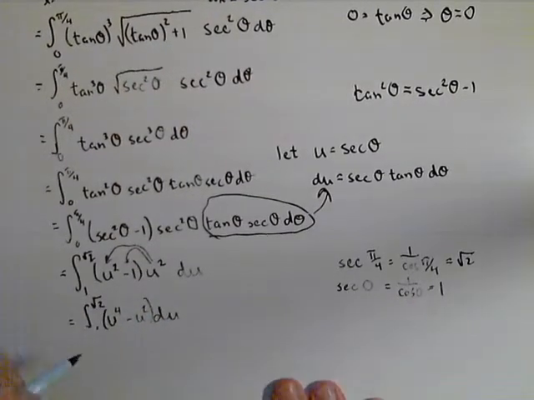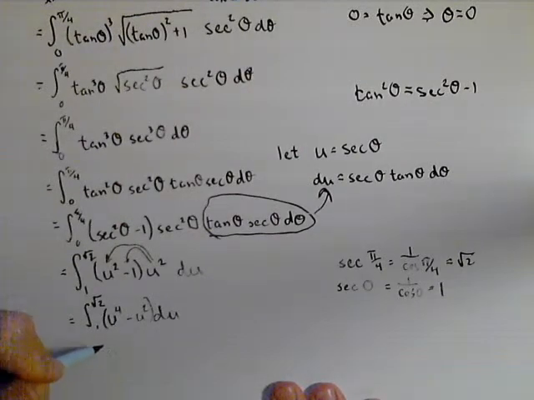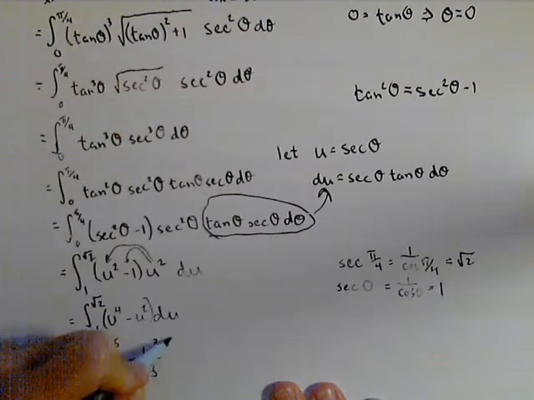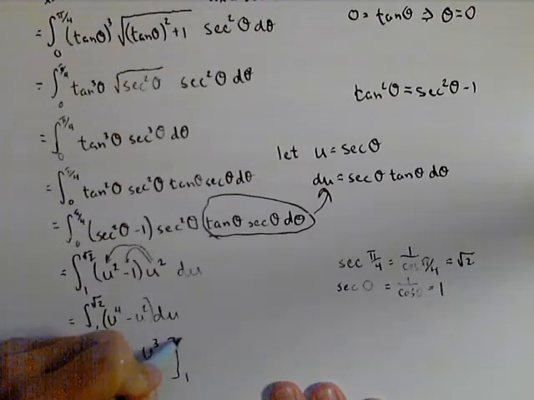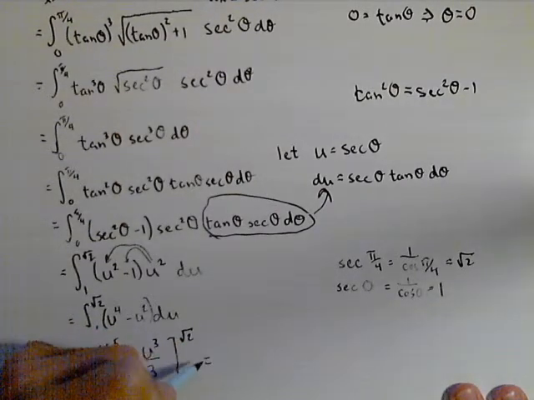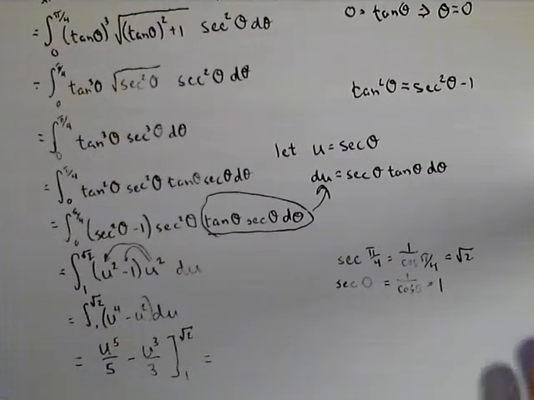And now, taking my antiderivative. U to the 5th over 5 minus u cubed over 3. It's a definite integral, so no need for the plus c, from 1 to rad 2. I'm going to go across here and plug in my values.